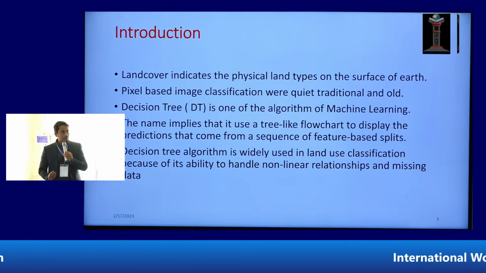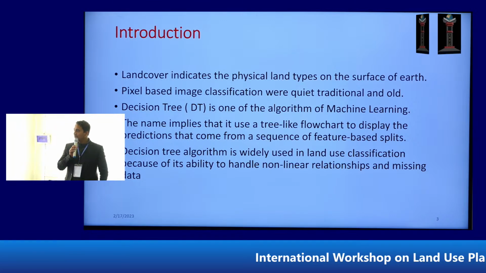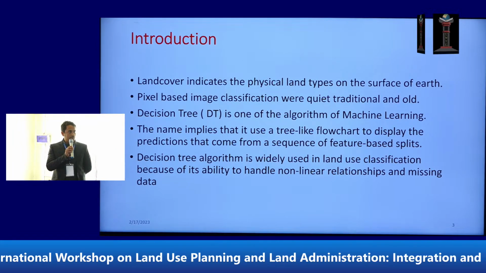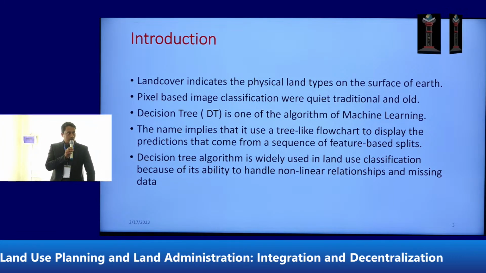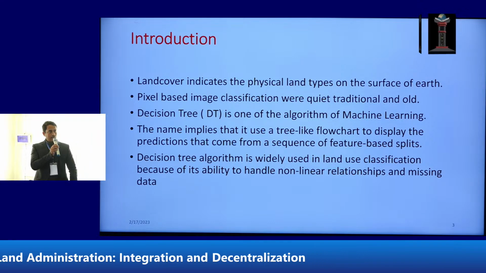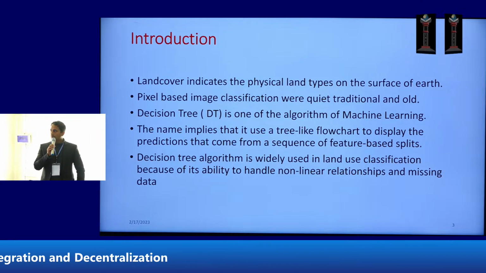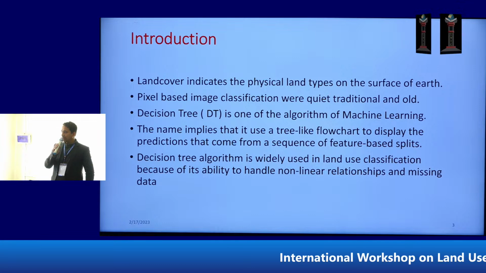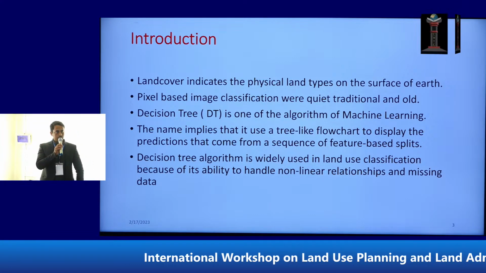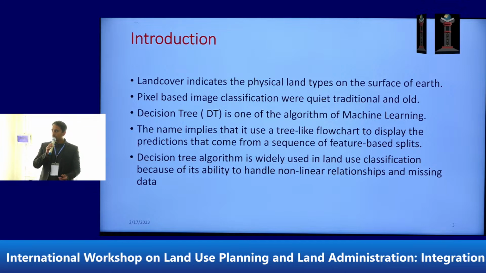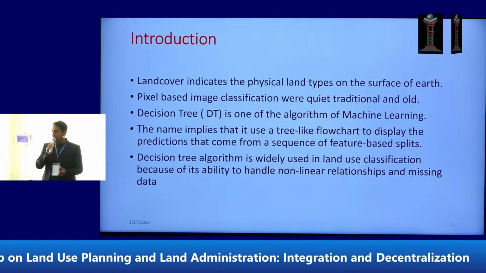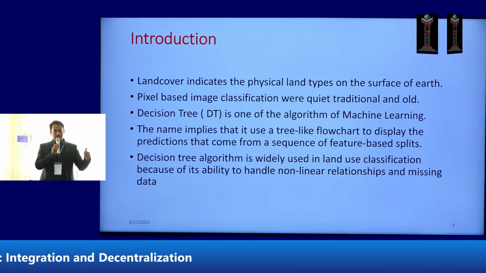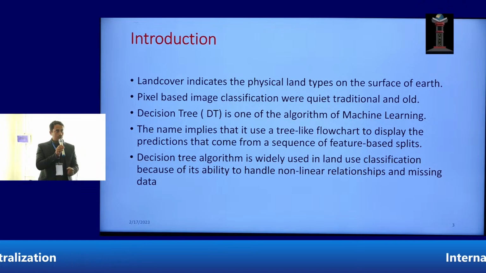We have to identify what we mean by land cover. Land cover generally indicates the physical land type, that means what is naturally present on the surface of Earth. Most land cover and land use mapping was done from image classification, and pixel-based classification was the older approach. The drawback of pixel-based classification is that when there is an edge, the pixel will not work accurately.